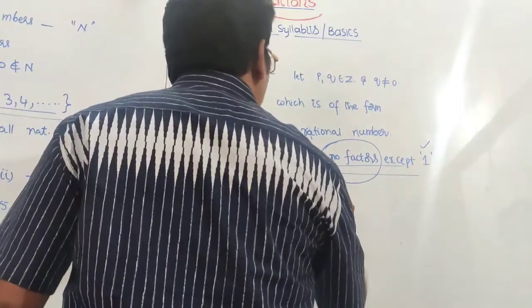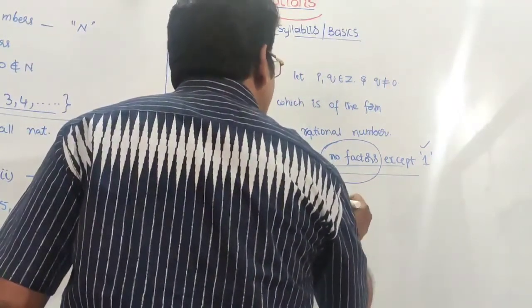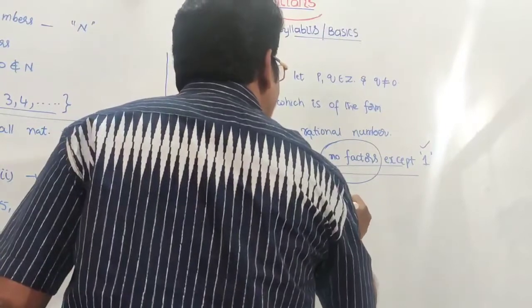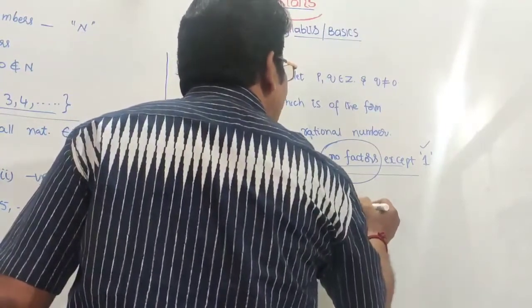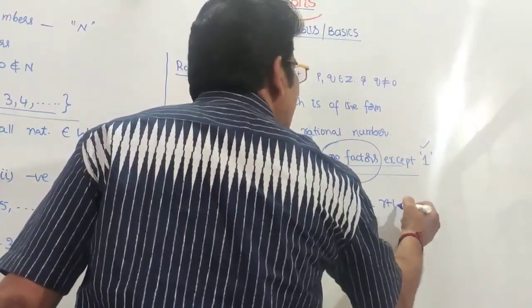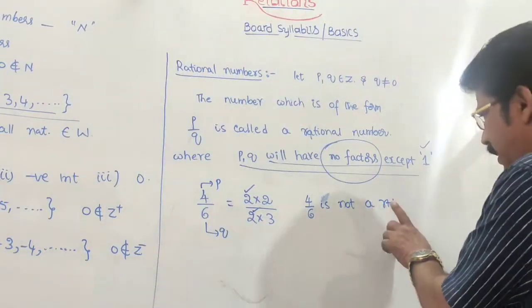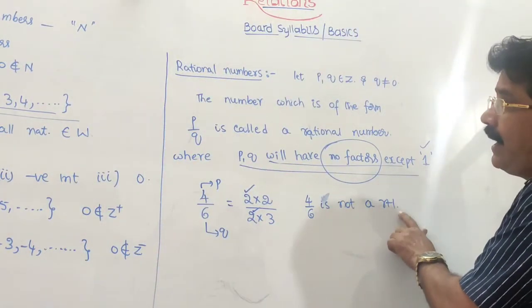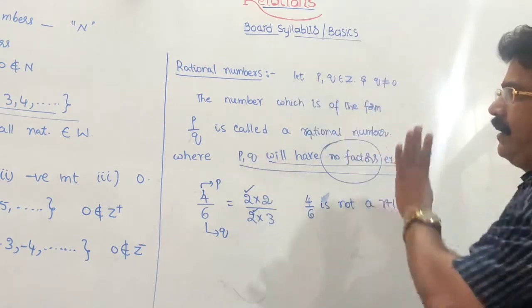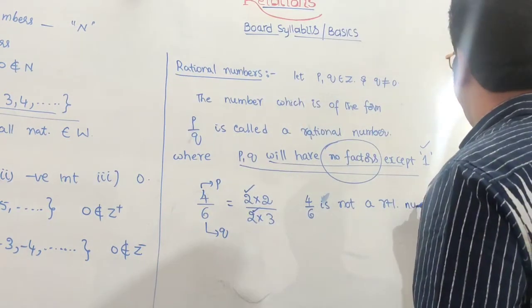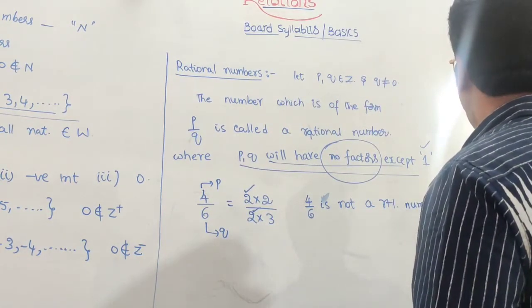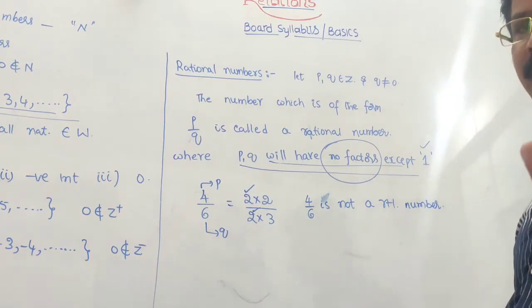Therefore 4 by 6 is not a rational number. Simply I am writing RTL, that means rational number. 1 minute, remember.